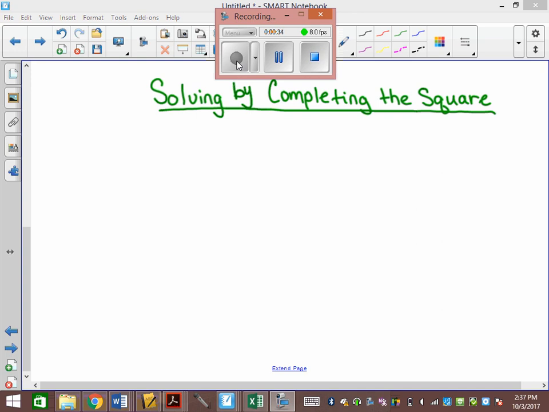So, solve by completing the square. Example 1, solve the quadratic function. So does that mean I need to use the quadratic formula? No. It says solve the quadratic function.